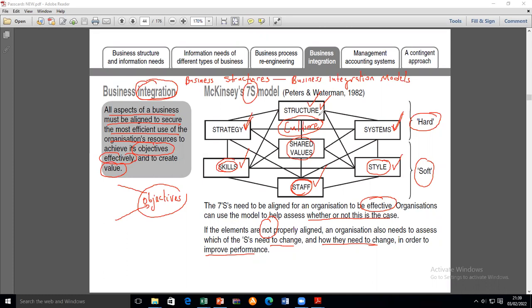So we need to ensure that we have got people with the right skills. If we don't have, let's bring in some of those people, or let's train them ourselves, let's sponsor them. We need an appropriate management style, which can be acquired through coaching, mentoring, training.